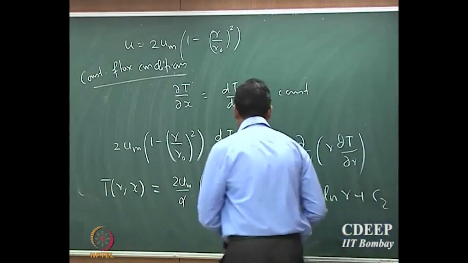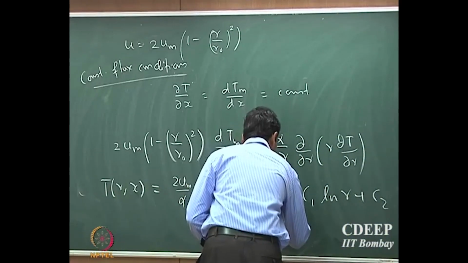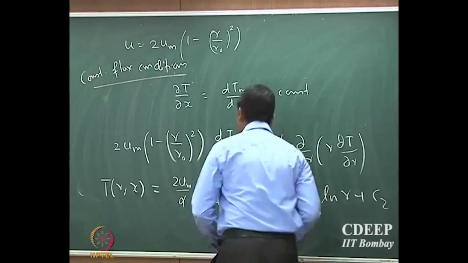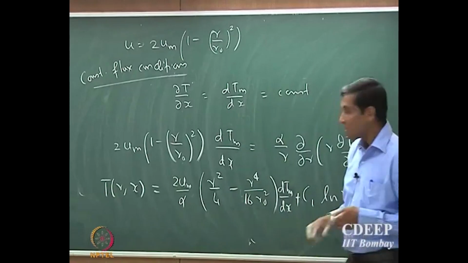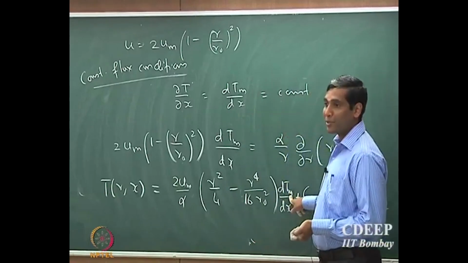Sorry, that should be dTm by dx. I forgot to copy this here. dTm is already the cup mixing temperature.